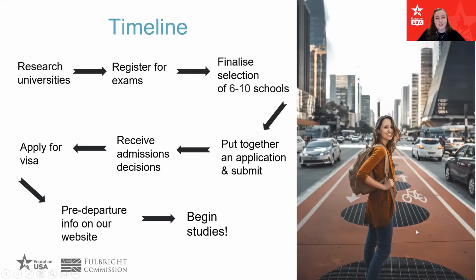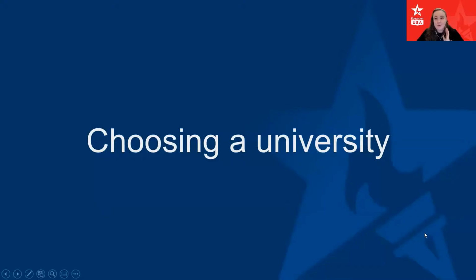Great. So I'm now going to move on to talk about choosing a university. And as I said on the previous slide, choosing is probably the most important step in the process of applying to a US university. And the real key to this is to be flexible about where it is you apply.